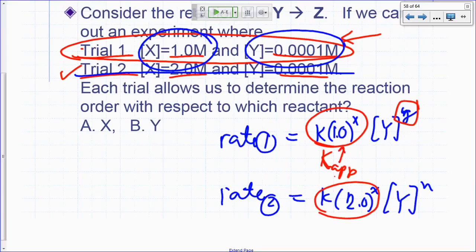So you get a different apparent rate constant for the 2 runs. That tells you that these 2 runs will allow you to determine X, because the K apparent will be different.